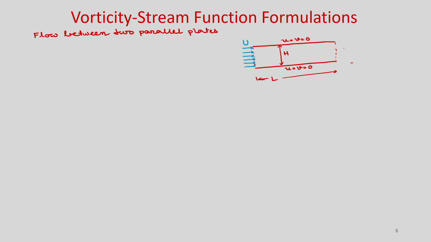So, at the outlet we will consider del u by del x equal to del v by del x equal to 0. It is a fully developed condition at the outlet, so these are outflow boundary conditions.